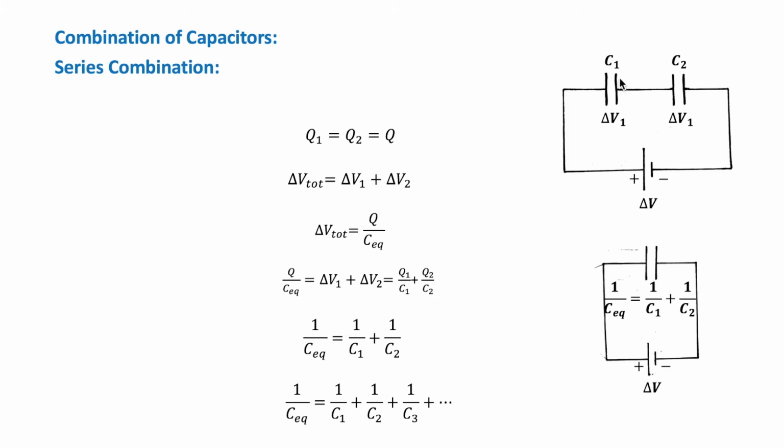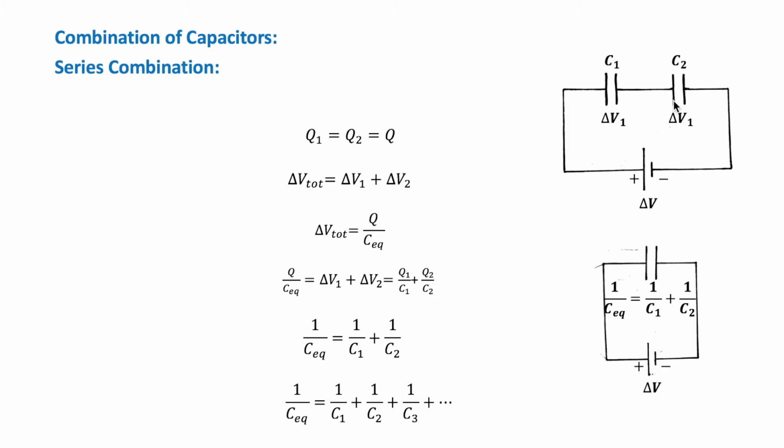And so as a result, the right plates of both C1 and C2 have a negative charge, and the left plates are left with a positive charge, plus Q. So therefore, the charges for capacitors connected in series are equal. So Q1 is equal to Q2 and is equal to the total charge Q.